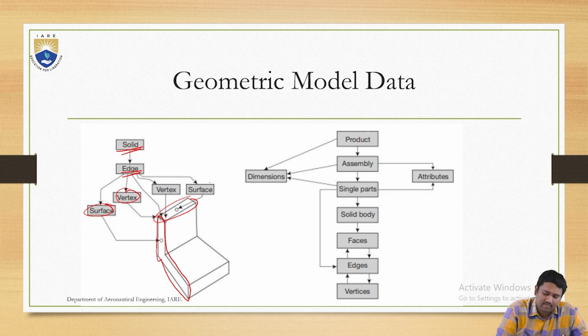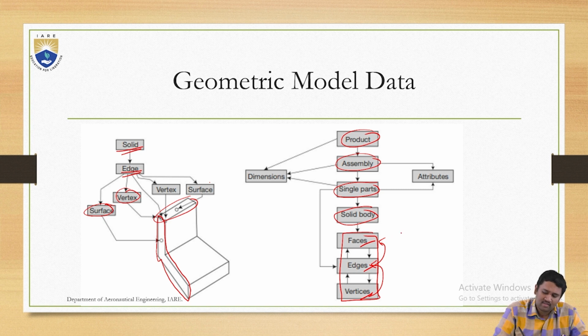On the same part, a product will have multiple assemblies. Assemblies will have a number of parts, also called sub-assemblies. Then each single part is a solid body. Each solid body has its own faces, edges as well as vertices. Now these are dependent on each other. Particularly why I am saying dependent is that based on the vertices you will be creating edges. Based on your edges you will be creating faces.